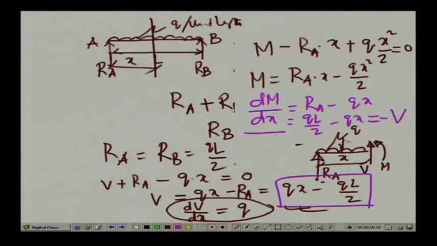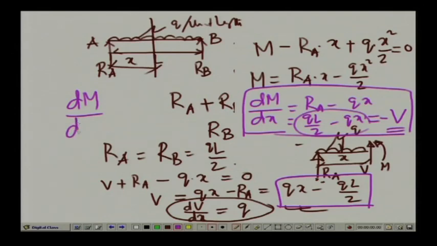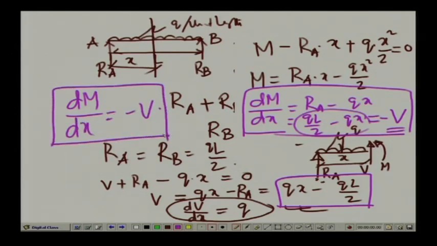So, this is the expression which we have obtained, that dM dx is equal to minus V. This can be verified from this particular example: we get dM dx as equal to minus V, and dV dx as equal to q.